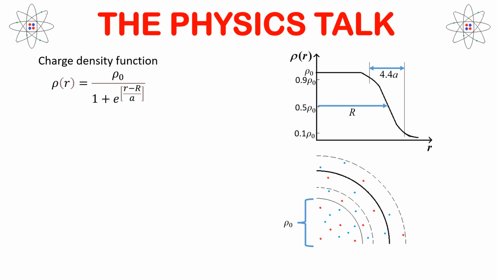The distance where it drops to 50% of the maximum value, shown with the thick black arc, is taken as the nuclear radius R. The region between the two dotted arcs is the surface region, whose thickness is 4.4 times a. The density distribution can be visualized for a whole nucleus like this.